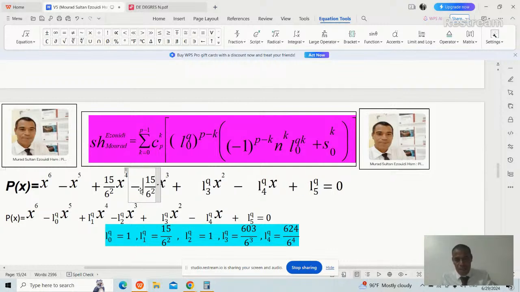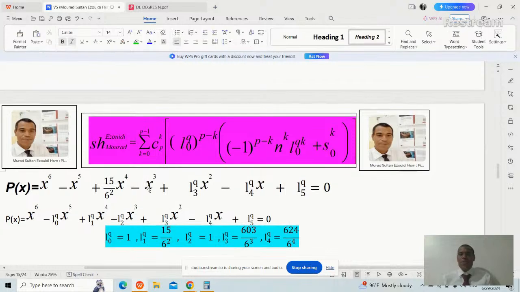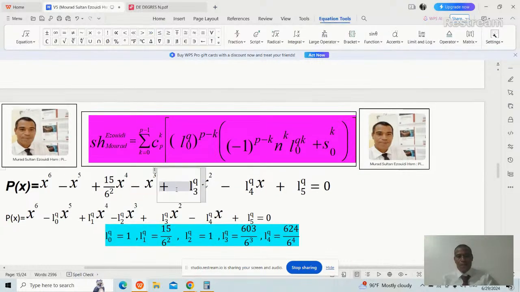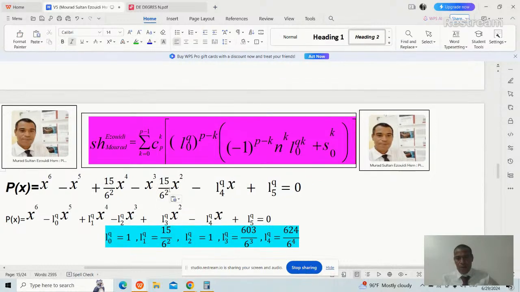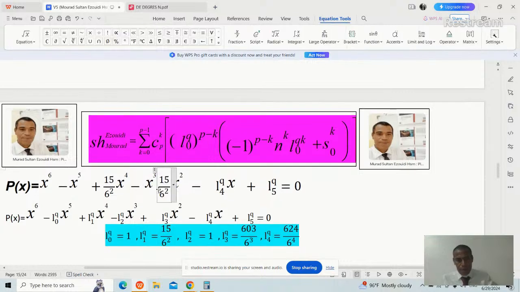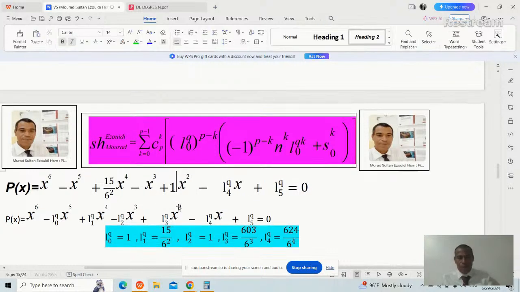Then I will erase the rest. Okay, minus x cubed plus, learners, what? Plus, okay, I'll make here plus. Plus, we told plus 1, plus 1, no need for the rest. 1 I will erase because it's clear.